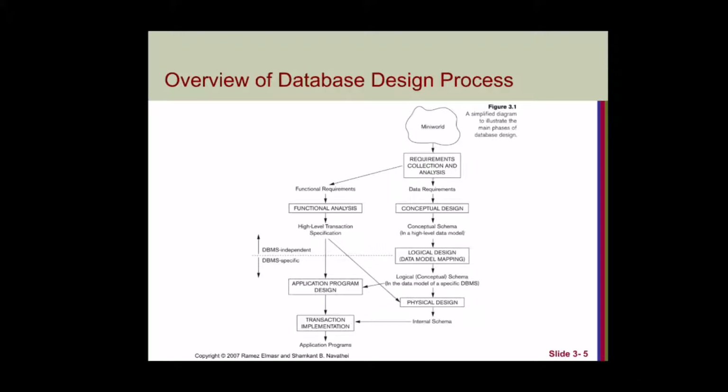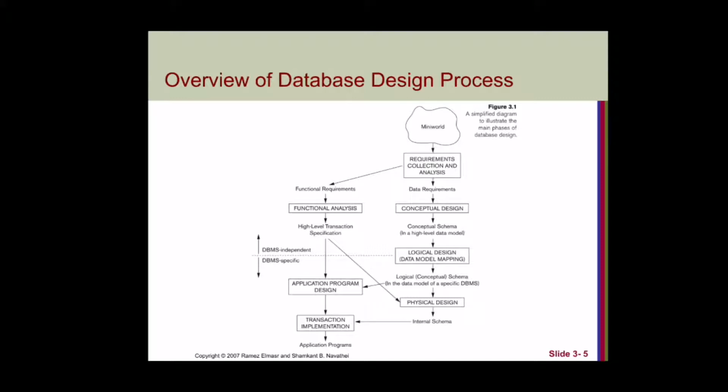Whether you implement it with a DBMS like Oracle or MySQL, whatever it might be, the functionality will remain the same. But when we write application programs, and when we decide what kind of accessing to use and where the data is going to be stored, that is the part which is DBMS specific, right?